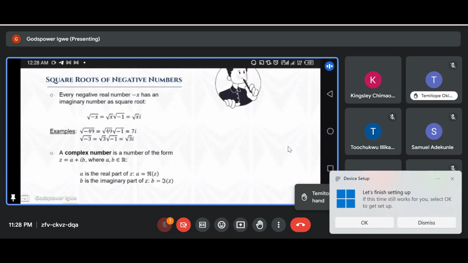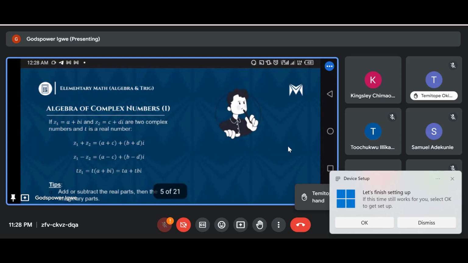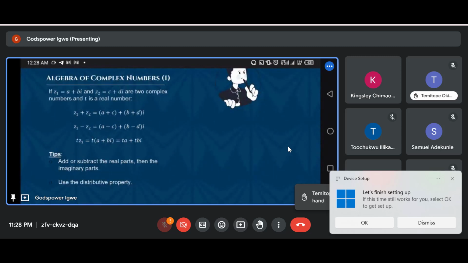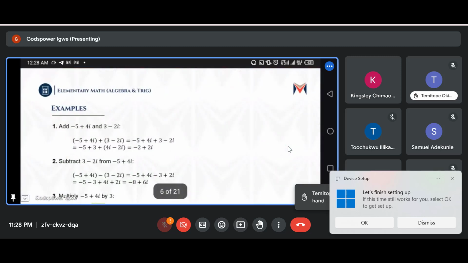When they ask you i raised to power four, it is one. What is i raised to power three? It will be minus one multiplied by root minus one. So that's just it. You understand?